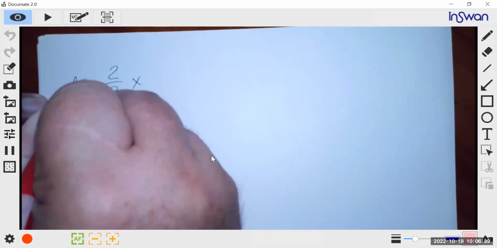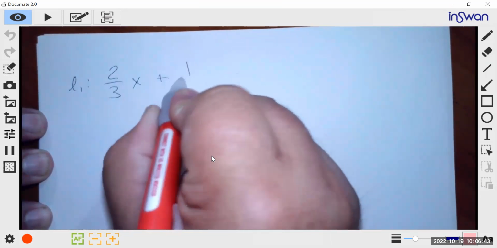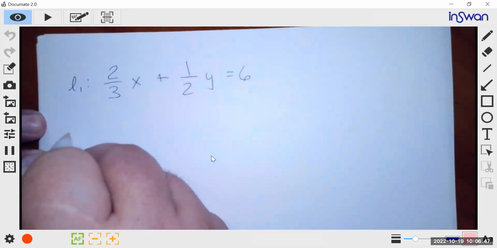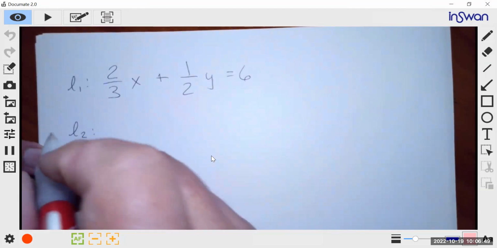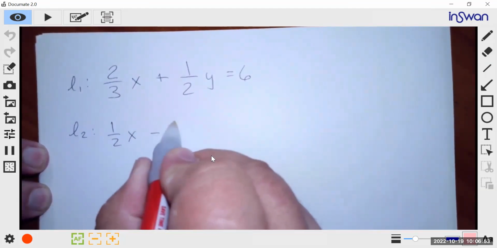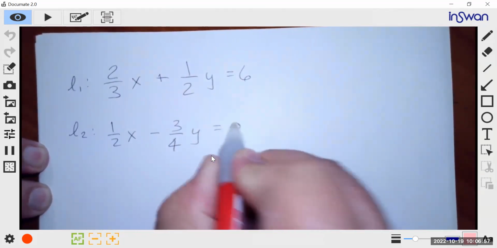This is line 1: 2 over 3x plus 1 over 2y equals 6. Line 2 is 1 over 2x minus 3 over 4y equals 0.